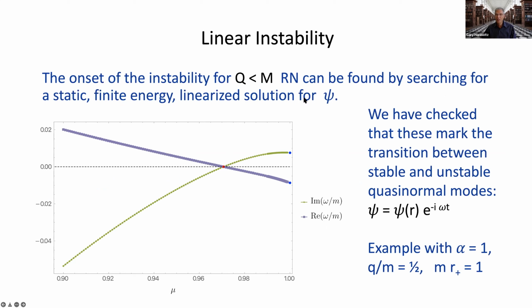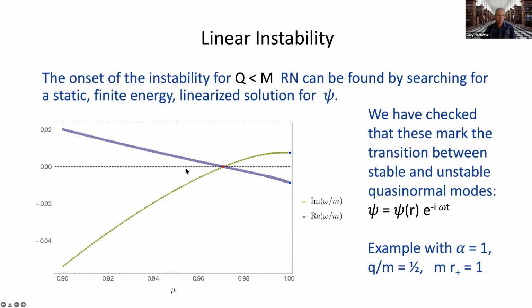And we've checked that these actually mark the transition between stable and unstable quasi-normal modes. So if you take your scalar field, now time-dependent, expand in the usual harmonics, give it an e to the minus i omega t time dependence, you look for solutions which are ingoing at the horizon and outgoing at infinity. They exist for only a certain discrete set of complex frequencies.